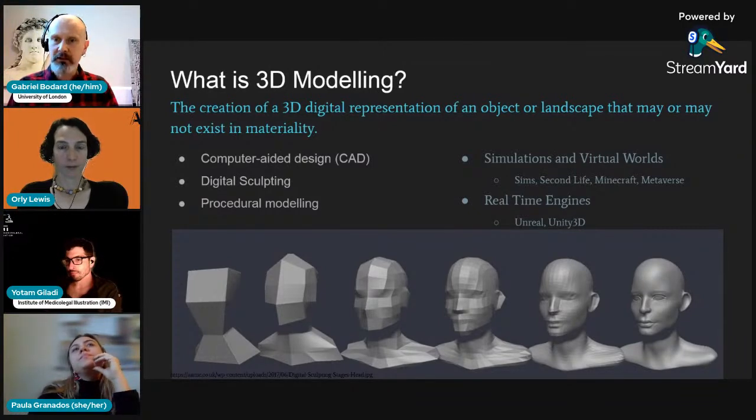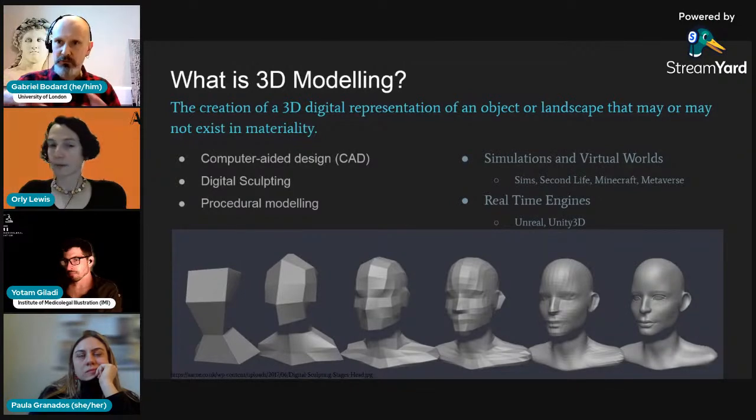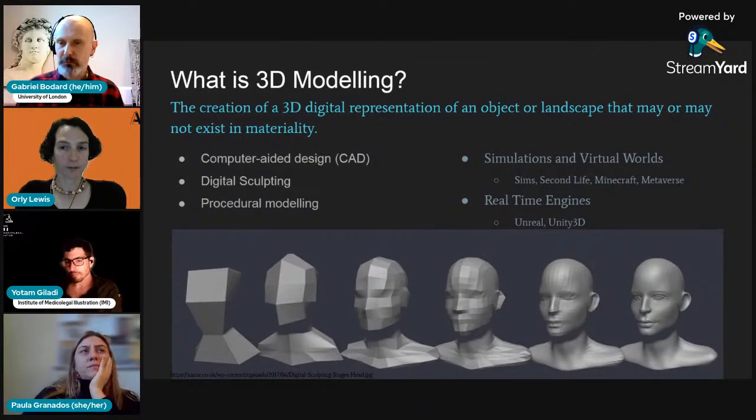You're basically building an artifact using digital architectural tools. But there's also digital sculpting, creating much more creative and free-form objects. There's also procedural modeling, which involves giving a bunch of parameters to the software and letting the software make the decisions about the shape that something will take.